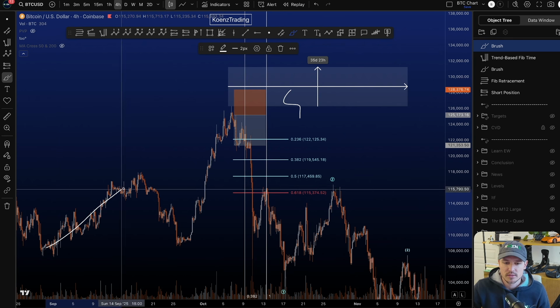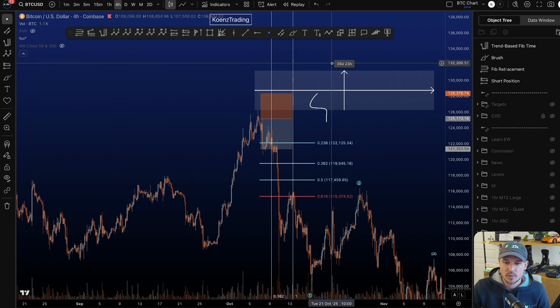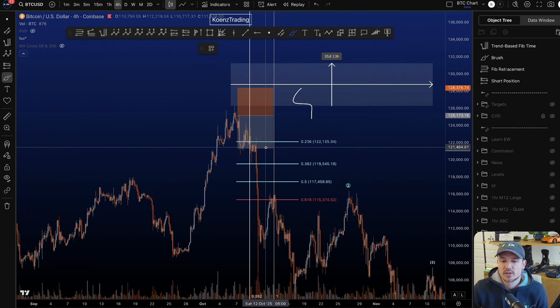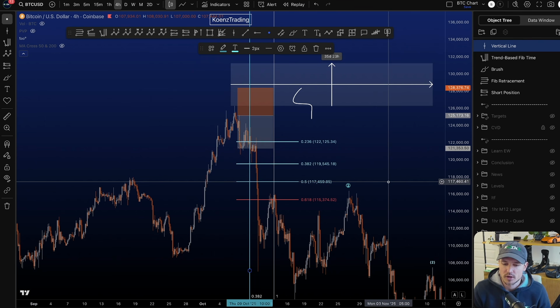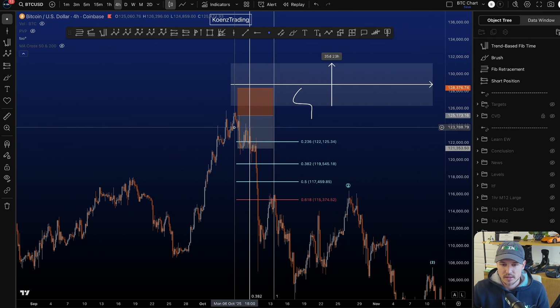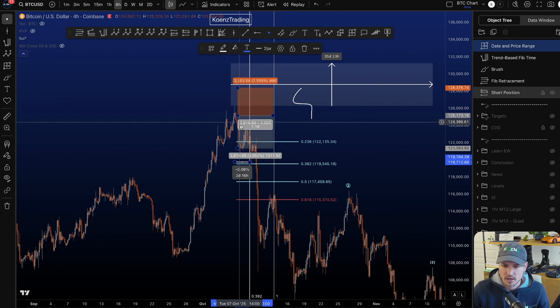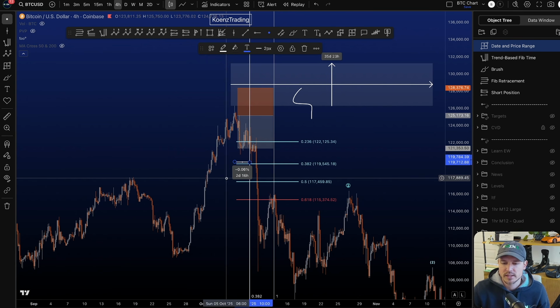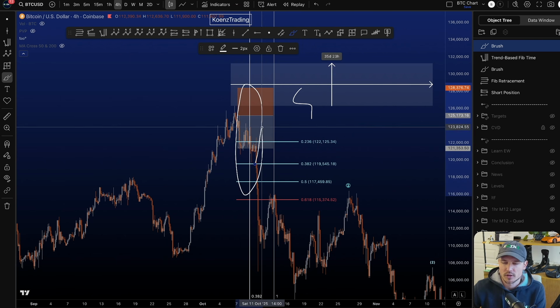So if this is a 1, 2, 3, we look for a 4 and a 5, then we can hold on to a short position till at least the 0.382, which is a minimum target, sitting on the 9th of October, 10 a.m. Which means that if you would short the exact high, from the high to the 0.382, that is 2 days and 16 hours. But that's a minimum target for a wave 4.